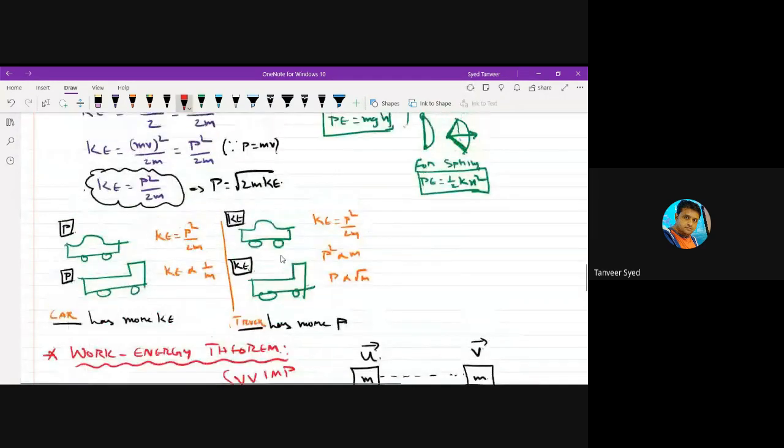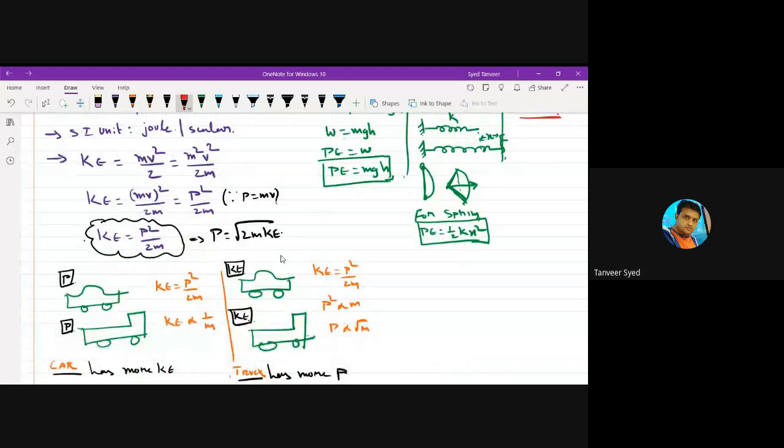Suppose you have a car which is running on a straight road. What energy does that car have? Kinetic energy. It has only kinetic energy, its potential energy is zero. Suppose the aeroplane is flying horizontally.